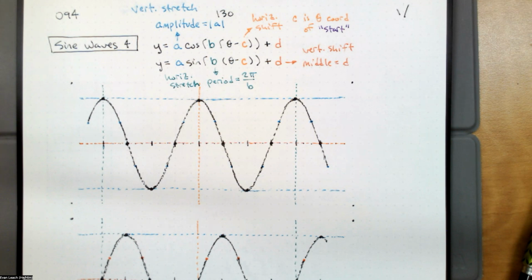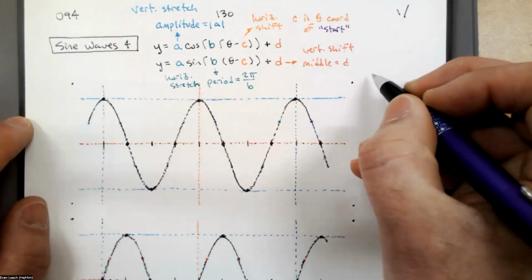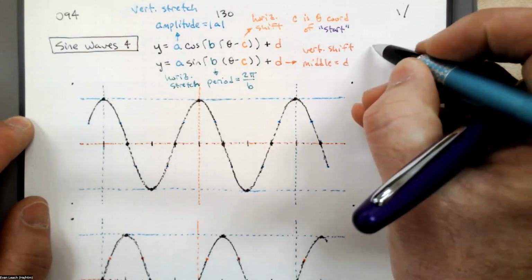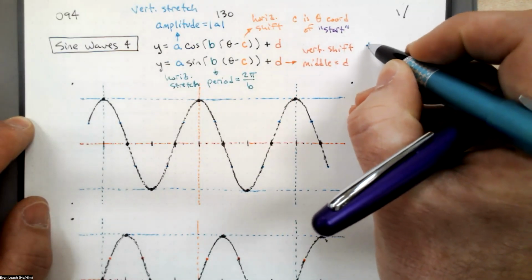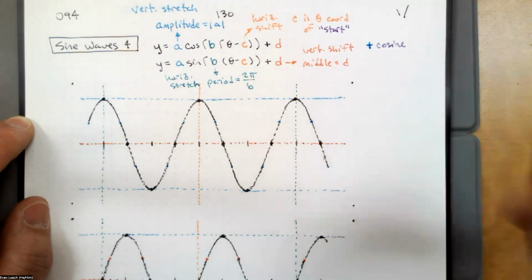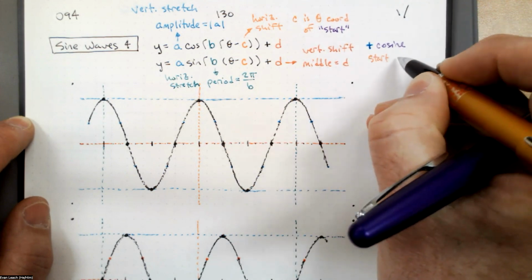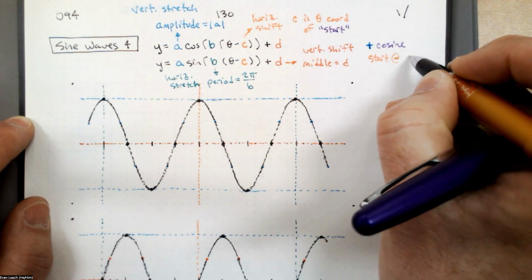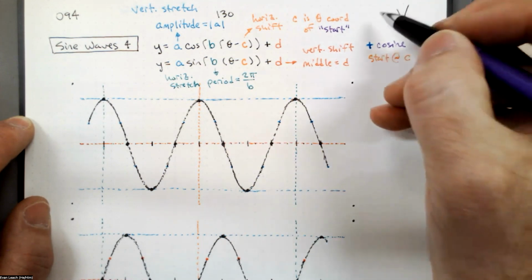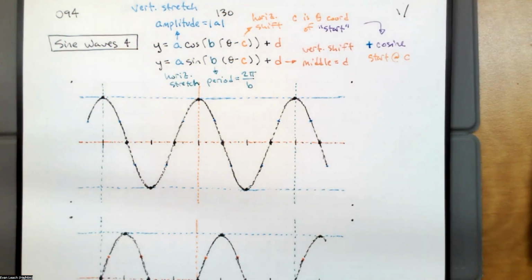That's where we deal with the sign of A. So a positive cosine will start at the top.